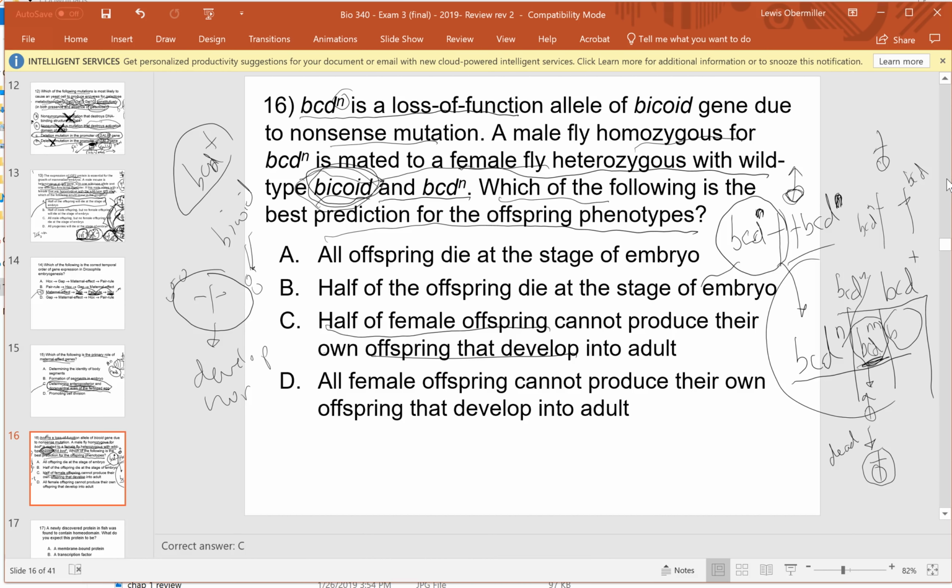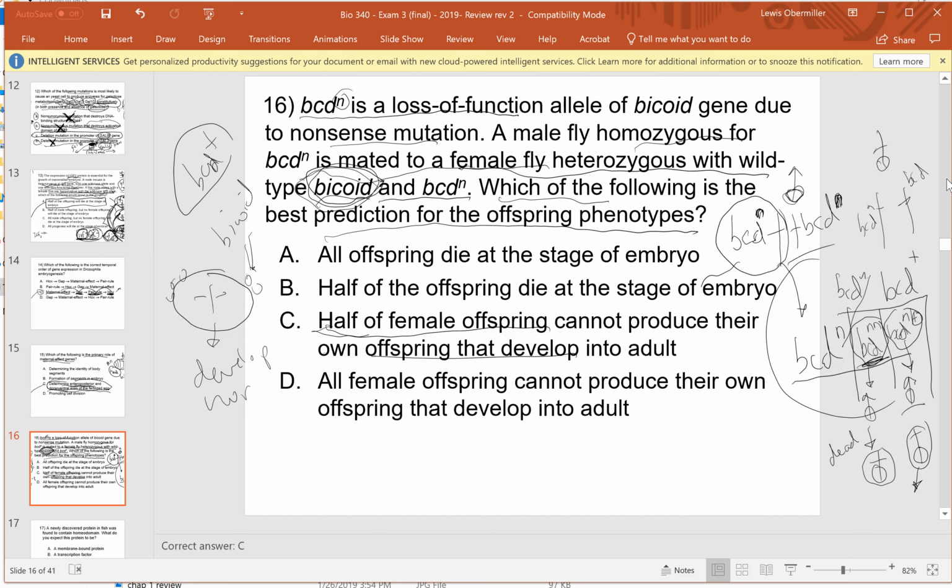If this is BCDN and then plus, this would mean that all the males don't matter, right? And for females, because they have one good copy of bicoid, this female's offspring would develop normally.